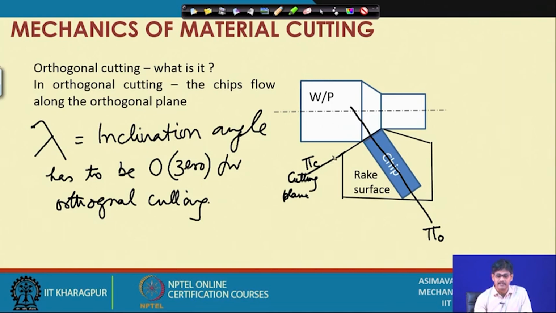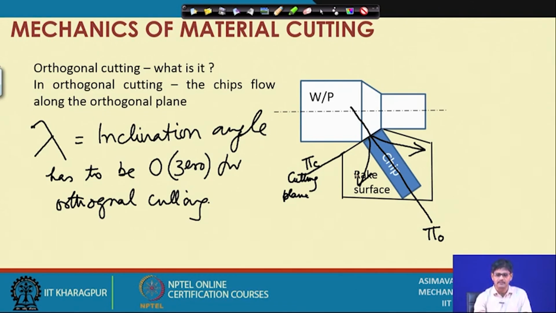If the cutting edge is slightly upraised, inclined, so that its end point towards this side is upraised with respect to the cutting point, or it is slightly down, in that case inclination angle is existing, and in such a case we will find that the chip will be deviating from the orthogonal plane, moving slightly away. By how much? Maybe very close to lambda if we make some assumptions.